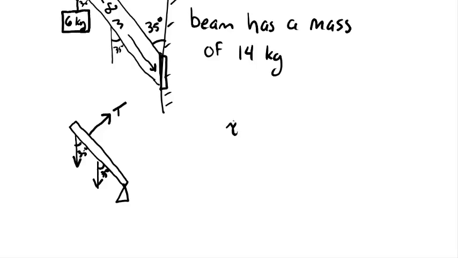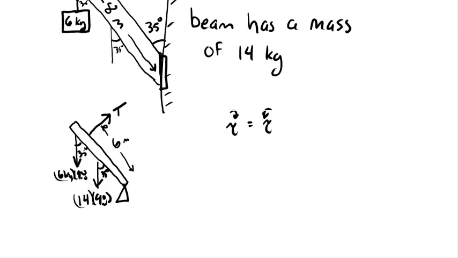And so if I go clockwise torque equals counterclockwise torque, and maybe I'll finish labeling my diagrams here. This is my tension, and my tension I know is going to be 6 meters from the pivot, and I also have the 14 kilogram mass times 9.8, that happens here, and then I have the 6 kilogram coming down here.